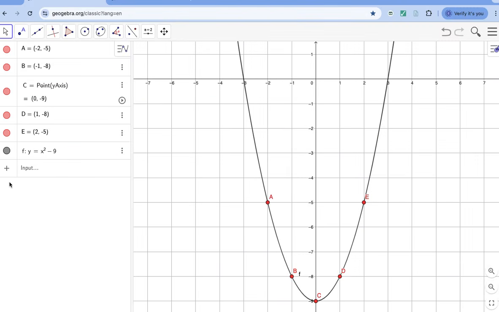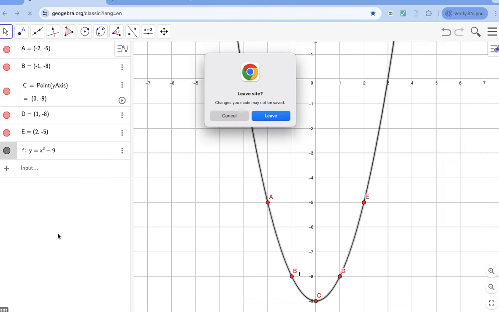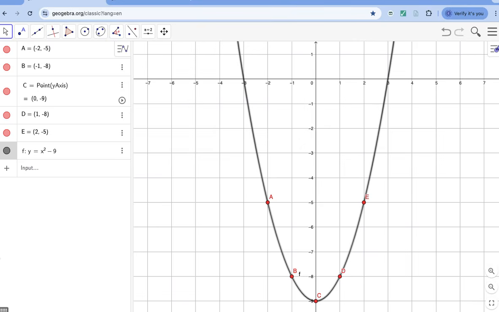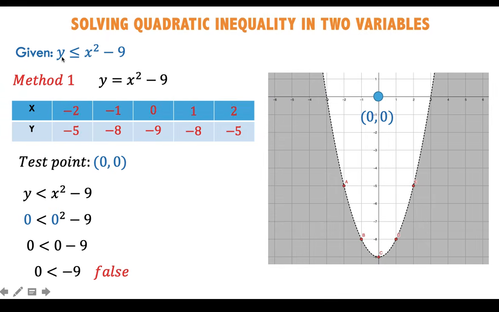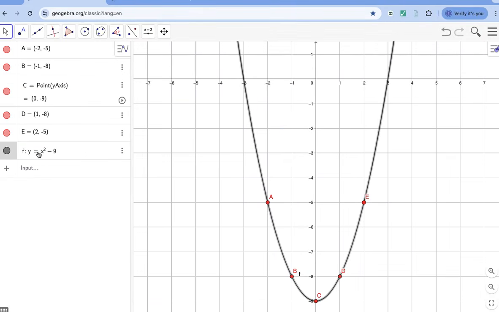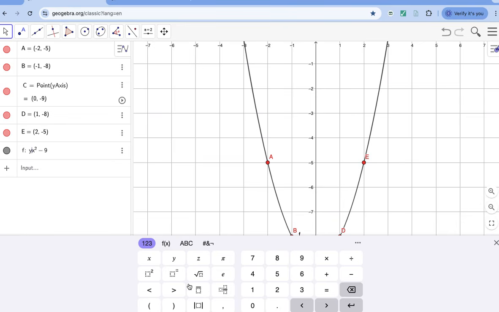If we're going to verify this using the GeoGebra calculator, again, our given here is y is less than or equal to x squared minus 9. We will change the symbol into less than or equal to. Where is the symbol for that one?